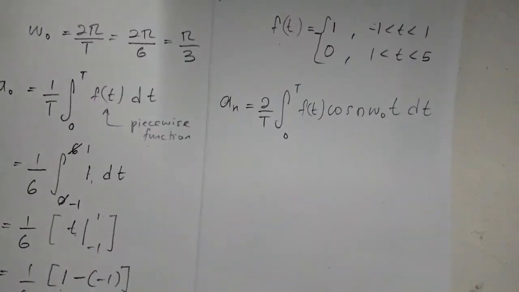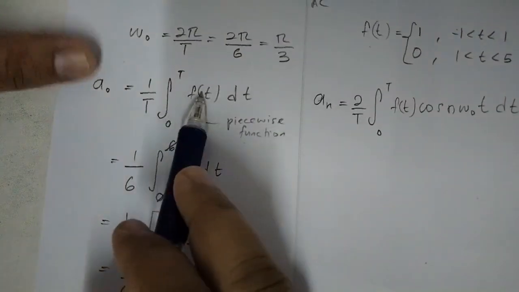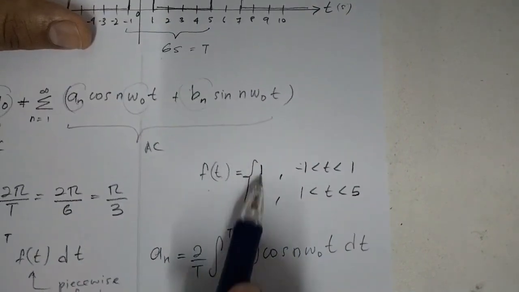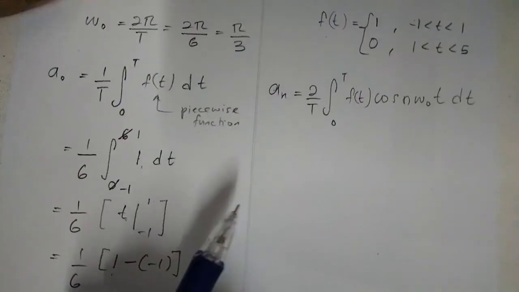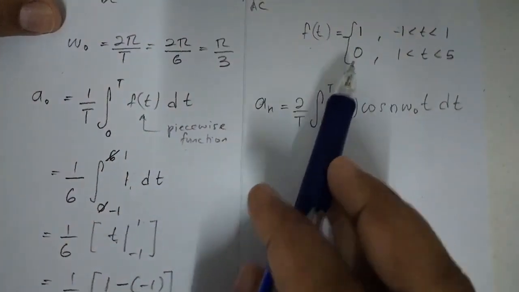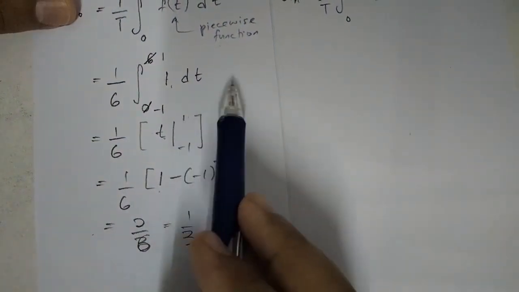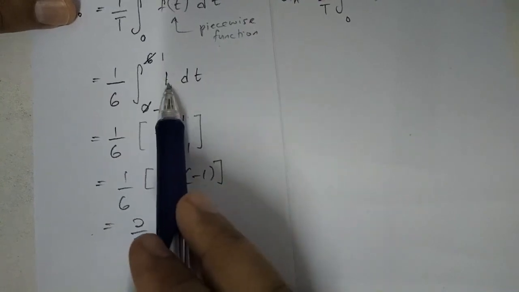Before I do that, remember this f(t) is the complete piecewise function, 1 and 0, but since the second component is 0, we don't need to calculate for the 0, we just need to calculate for 1.